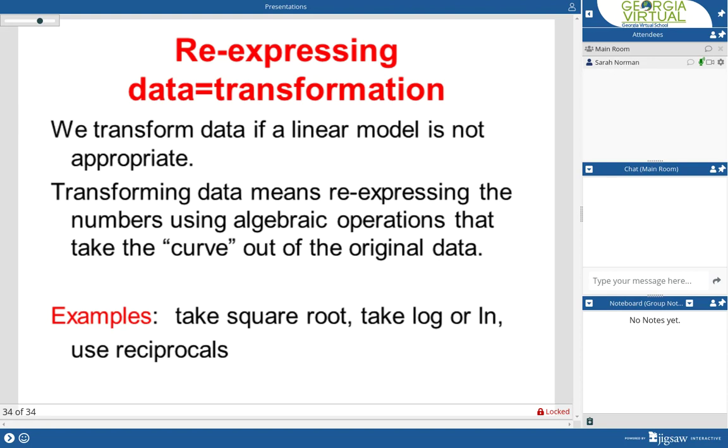We can always work backwards to find the values before taking the log. If we can transform the data by doing something to all the X values or all the Y values, mostly the Y values, and make it look like a line, then we can use all of those tools that we use for a regular linear model that was a good fit.